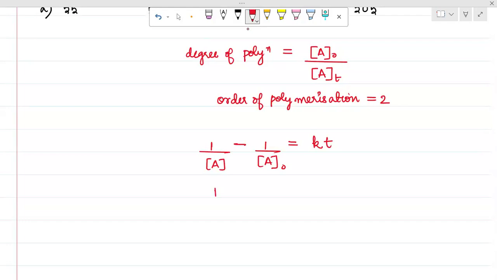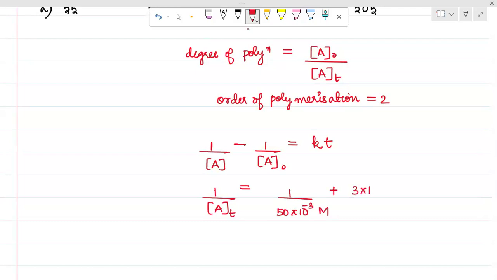So we need to find the final concentration at any time T, correct? And that is equal to 1 by initial concentration, which is 50 millimolar, so you will make it into molar, 50 into 10 to the power minus 3 molar, plus, what is the rate constant?